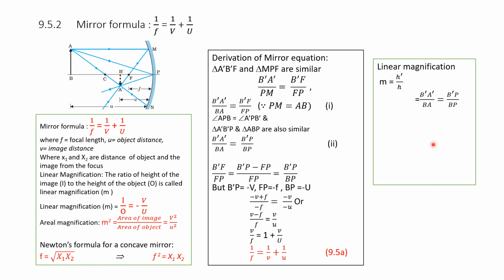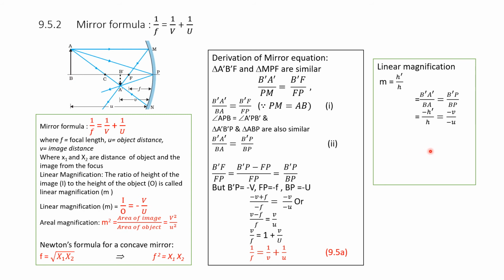Both the mirror formula and linear magnification are very important for solving problems in ray optics. Please remember them, and we have given them very clearly here. The first slide, the first part, defines the formulae and magnification definitions. This is the derivation of the mirror equation or mirror formula, and this is the derivation for linear magnification.